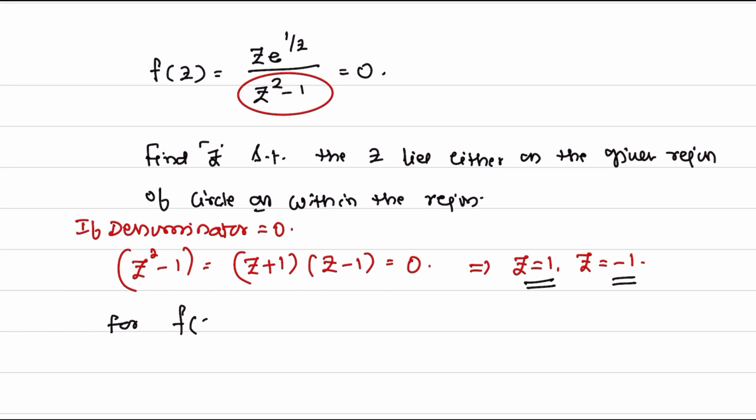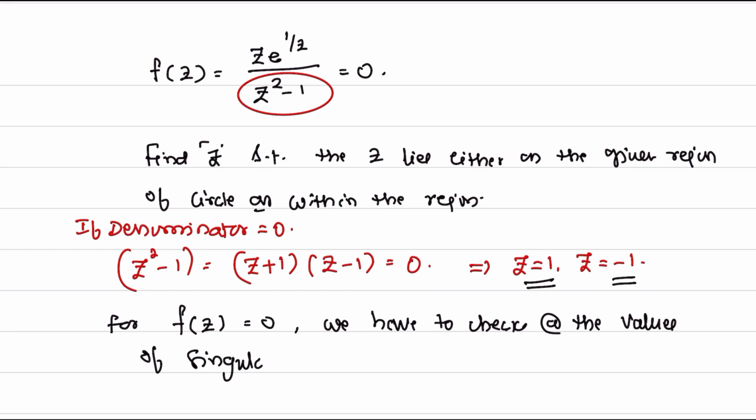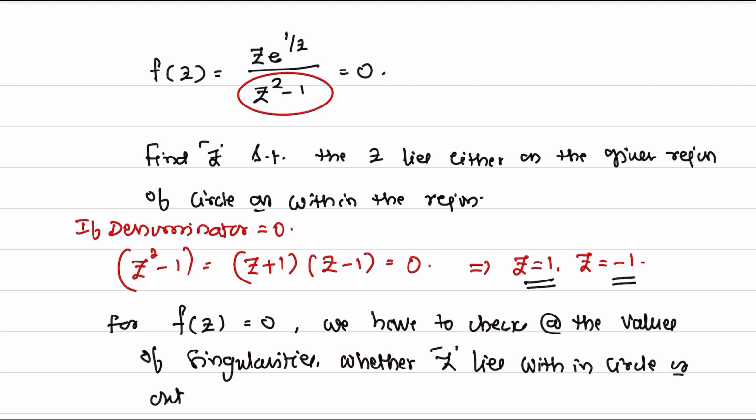For f(z) equal to 0, we have to check at the values of singularities whether z lies within the circle or outside the circle, that depends on modulus of z minus 1 is equal to half, or on the circle.